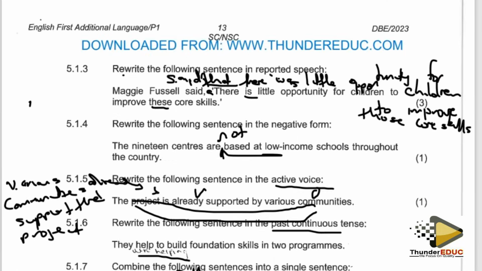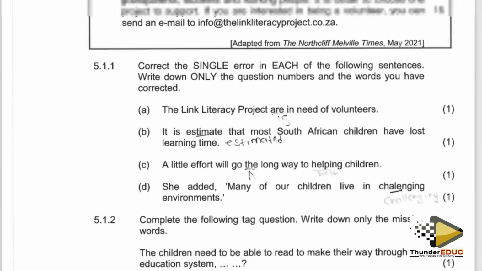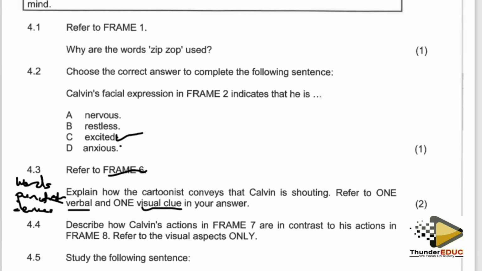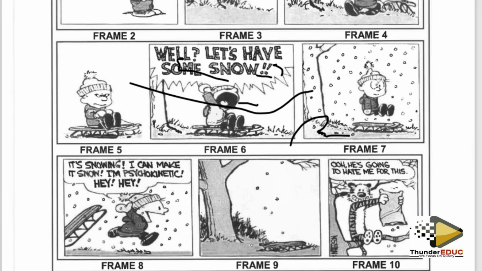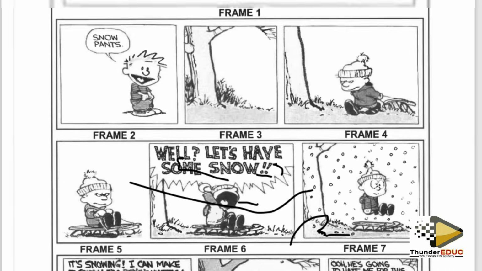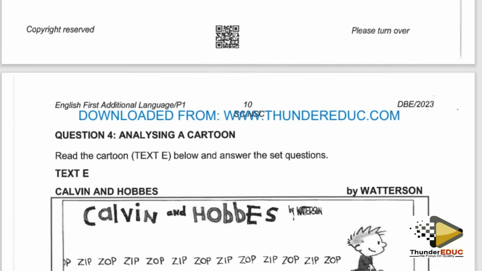Revise also your cartoons, techniques. Know your visual clues. Know your verbal clues so that you can be able to describe them.